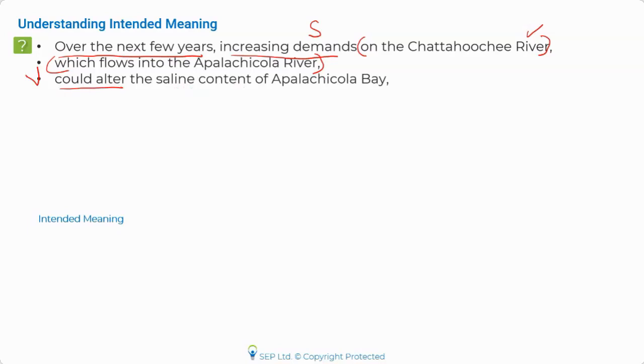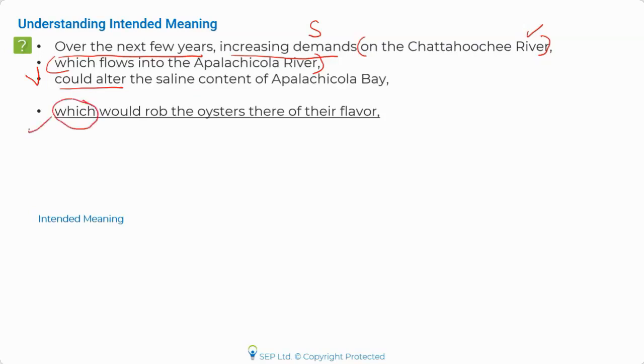All right. So far we're talking about the next few years, these increasing demands, they could change the salt content of this bay. So we have a comma there, which means we can expect some sort of outcome of this alteration coming after it. Which would rob the oysters. Now, which would rob is a relative pronoun clause, and it should modify the nearest noun, or it can jump over a small prepositional phrase to modify the noun.